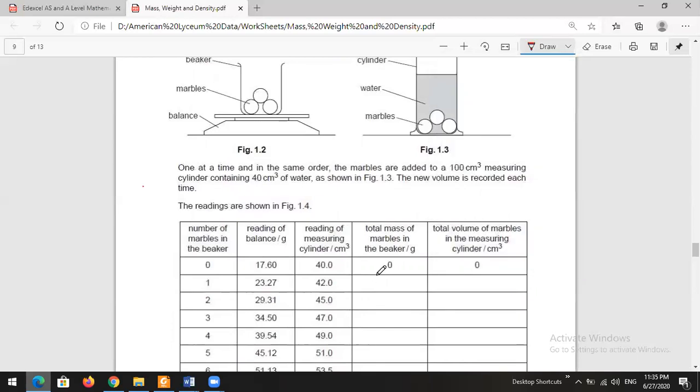It is very easy. You just have to subtract this 17.60 from 23.27. So 23.27 minus 17.60 gives you the answer, which is the mass of 1 marble.